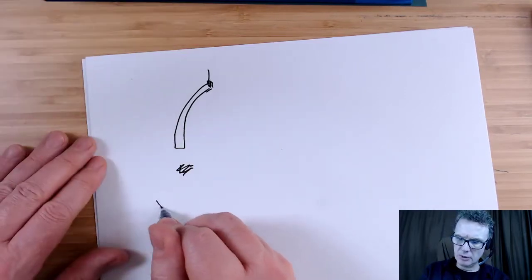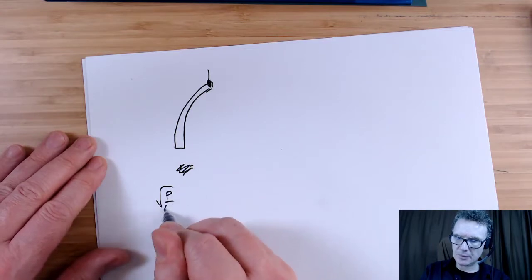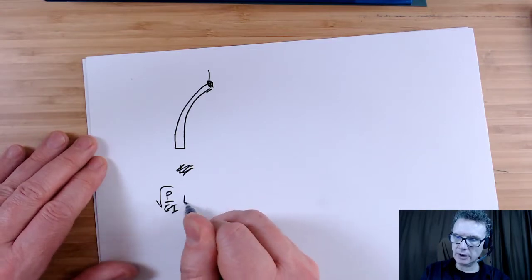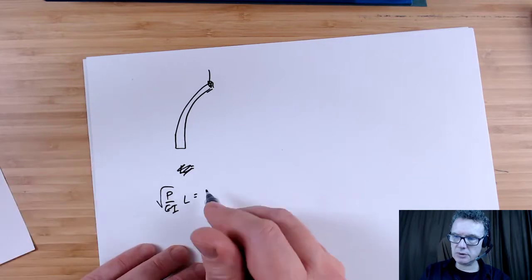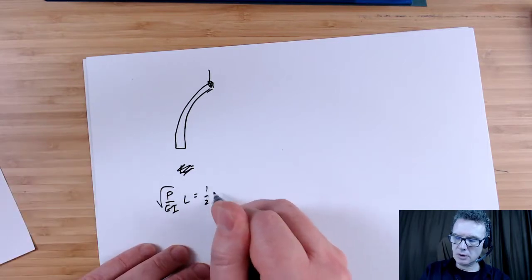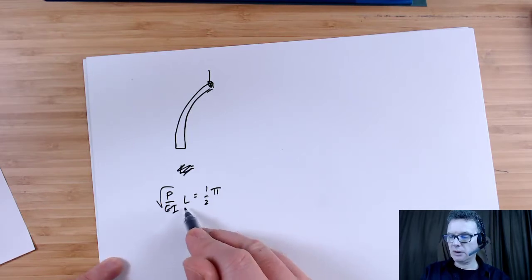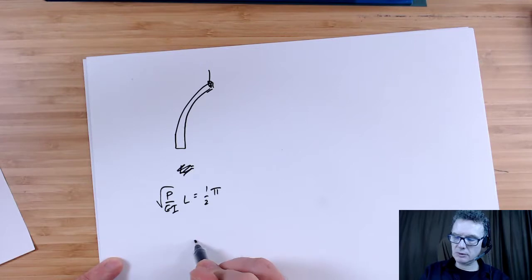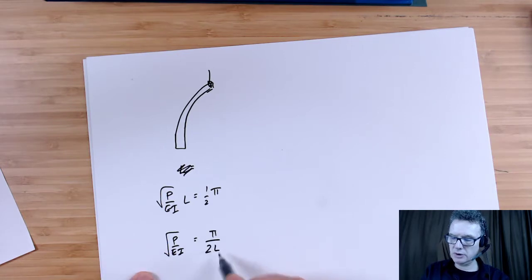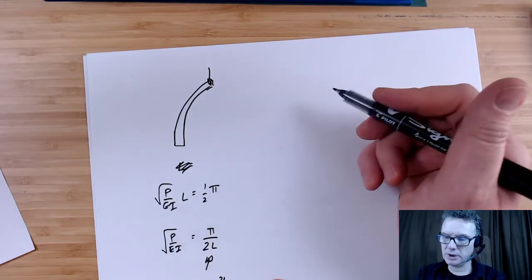You're going to have root P over EI times L equals half pi. So you can see with this, if we bring the L down over to the right hand side for now, and just leave this P over EI over there, you've got 2L here, and this is often called the effective length. So the effective length is a 2L case.